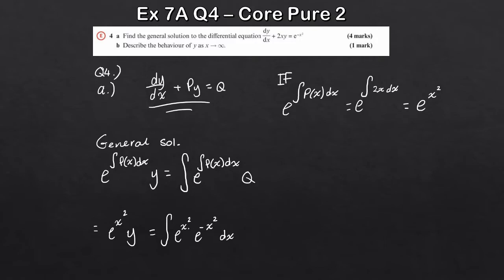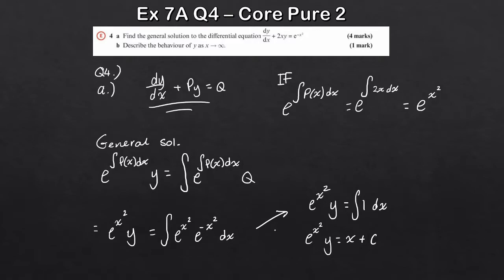E to the x squared times e to the minus x squared, add the powers, it'll be e to 0, which is 1. So we can write this as e to the x squared y is equal to the integral of 1 dx. The integral of 1 dx would just be x, so e to the x squared y is equal to x plus c. Don't forget your plus c, very important, because it's a general solution.